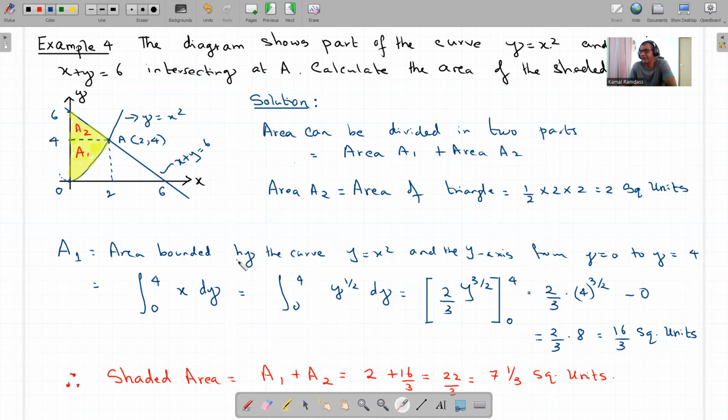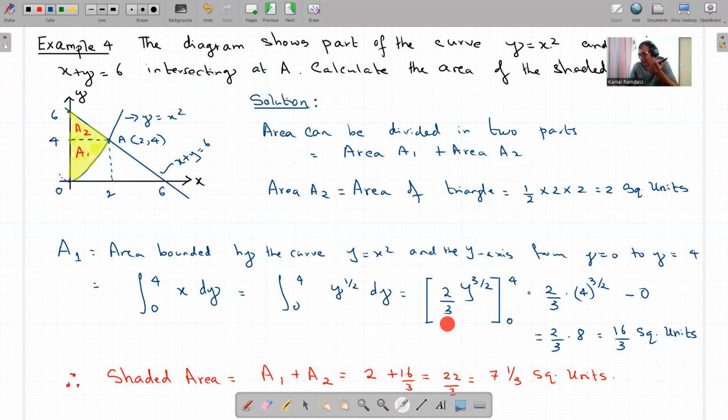Area A1, c'est area bounded by the curve y is equal to x squared, and the y-axis from y is equal to 0 to y is equal to 4. C'est intégration de 0 à 4 x dy, intégration de 0 à 4, y is equal to x squared, x is equal to root de y, c'est-à-dire y à la puissance de half dy. Et là, mon increment de power of y, half plus 1 means 3 sur 2, et je divide by 3 sur 2, ça veut dire je multiplier par 2 sur 3.